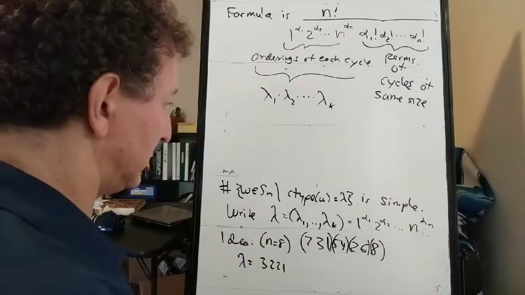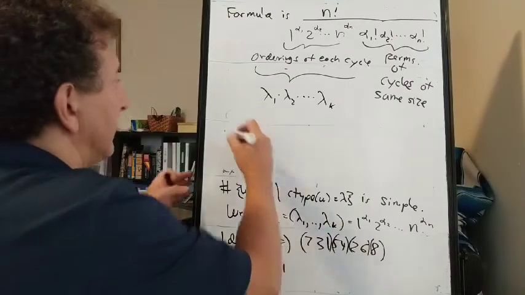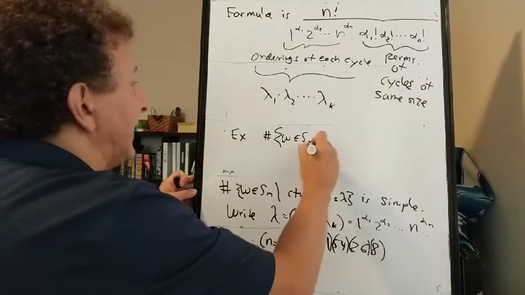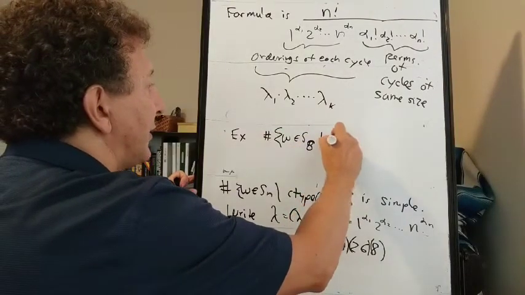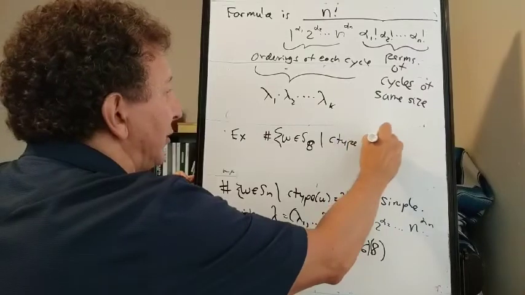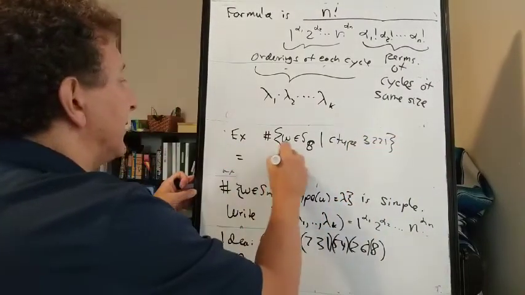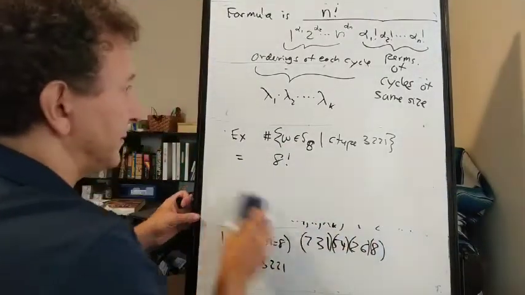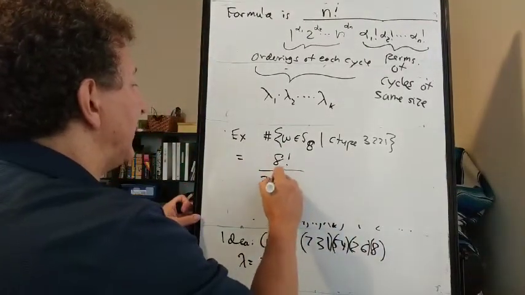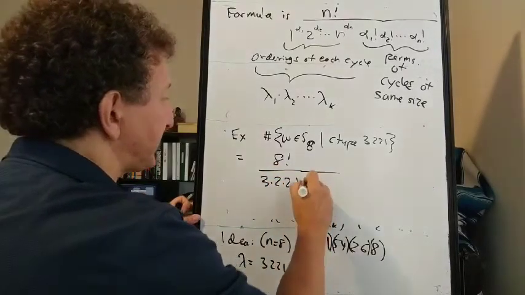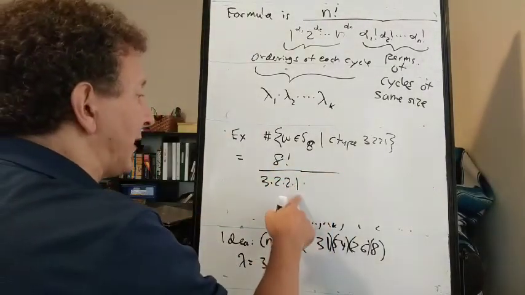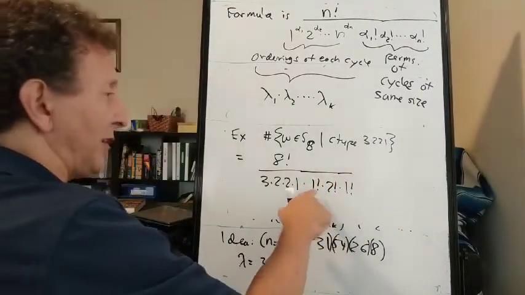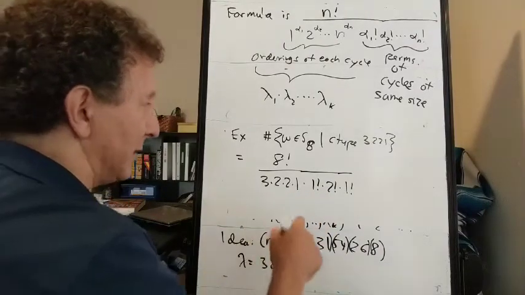So for n equals 8, the number of permutations in S8 with cycle type 3221 is 8 factorial over 3 times 2 times 2 times 1, times 1 factorial times 2 factorial times 1 factorial, the multiplicities with which we see 1, 2, and 3.